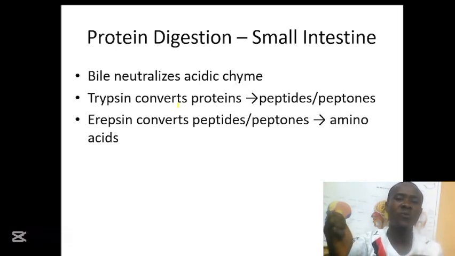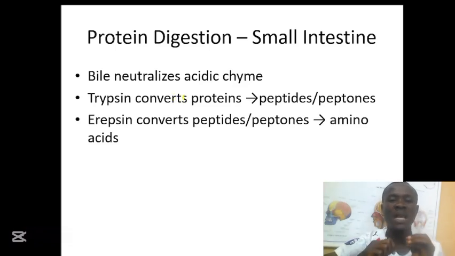That means that when the food coming from the stomach, which is acidic, enters the small intestine, specifically the first part of the small intestine called the duodenum, the enzymes in there will not be able to act on it in that acidic form. Therefore, that food has to be neutralized in order for the enzymes in there to act on it.